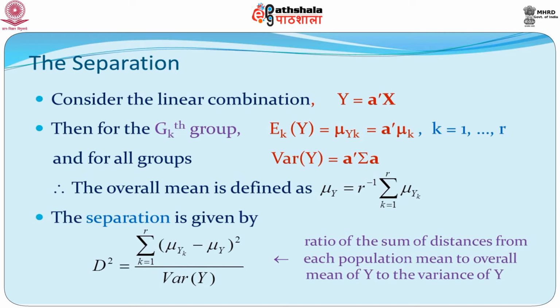That is what we get in the numerator, and the total variability of y is what we get in the denominator. So part of the variability of y would be between group variability and part of it would be within group variability. What we have in the numerator is the between group variability part of y.